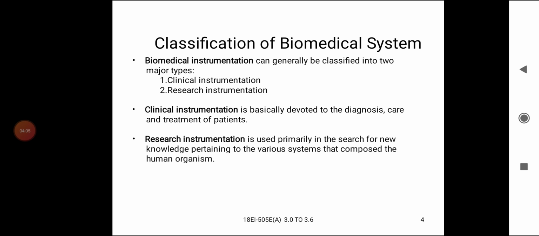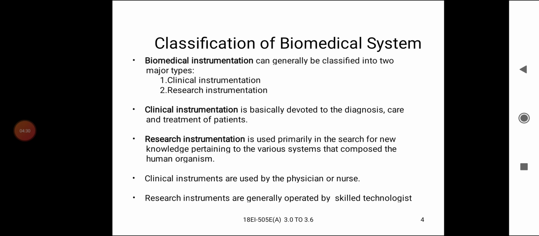Research instrumentation is used primarily in the search for new knowledge pertaining to the various systems that compose the human organism. Clinical instruments are used by the physician or nurse. Research instruments are generally operated by skilled technologists.